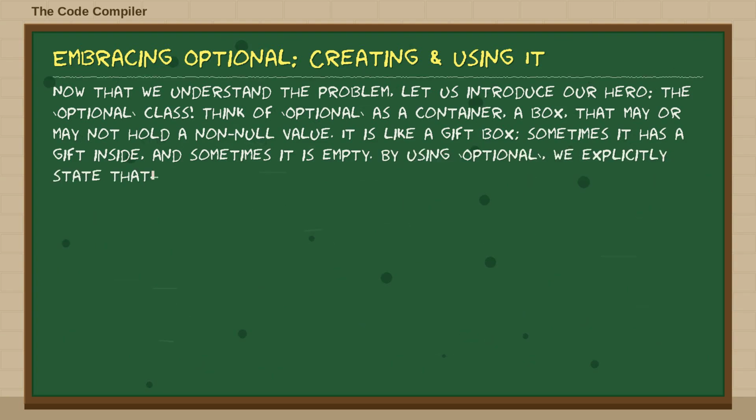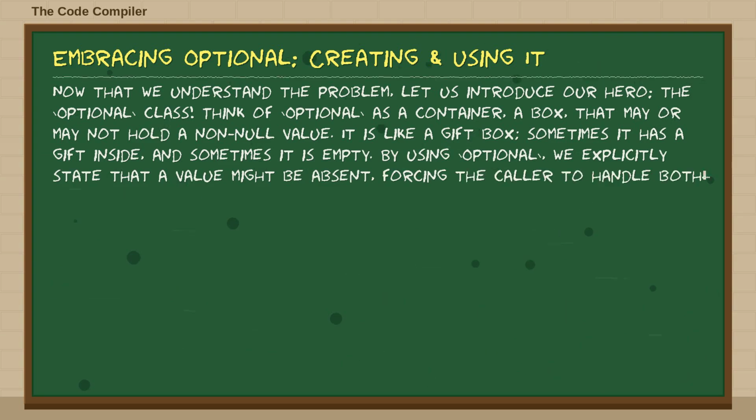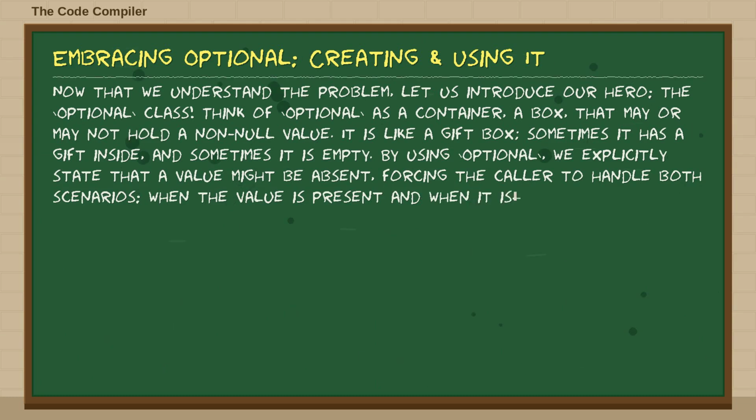By using Optional, we explicitly state that a value might be absent, forcing the caller to handle both scenarios, when the value is present and when it is not. This makes your code more expressive and helps prevent those pesky NullPointerExceptions.